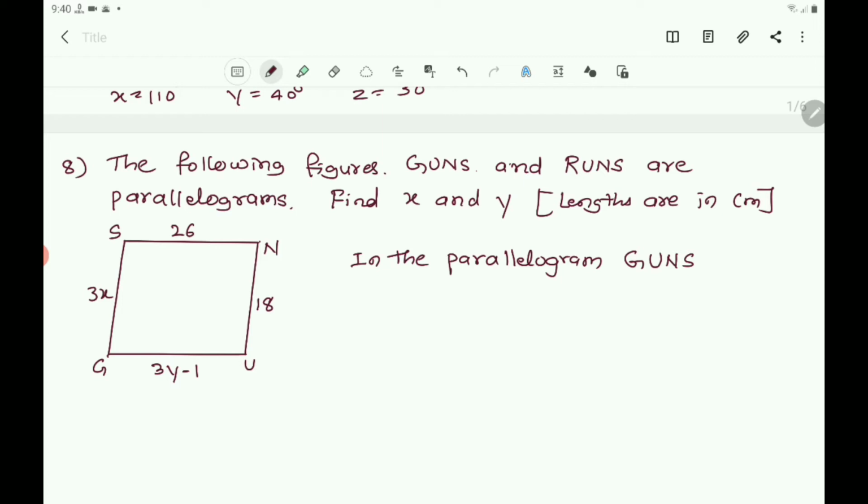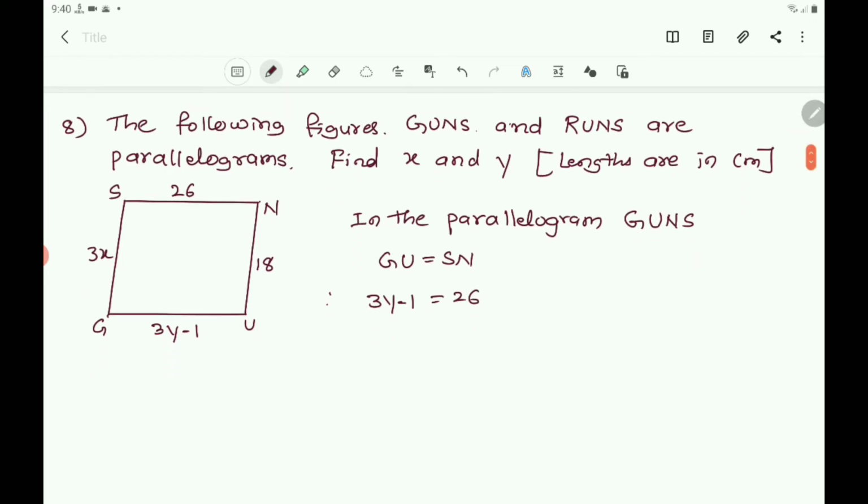Here you know that in a parallelogram opposite sides are equal. So you take GU is equal to SN. Therefore GU is 3y minus 1 is equal to 26. So it becomes 3y is equal to 26 plus 1. Then 3y is equal to 27. Then y is equal to 27 by 3, that is equal to 9 centimeters.